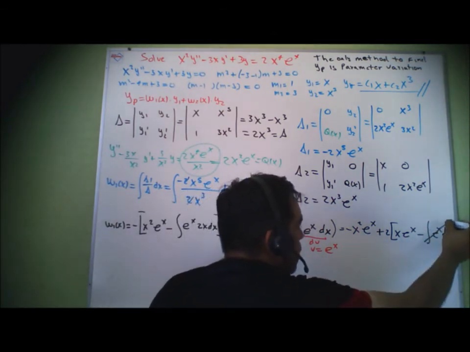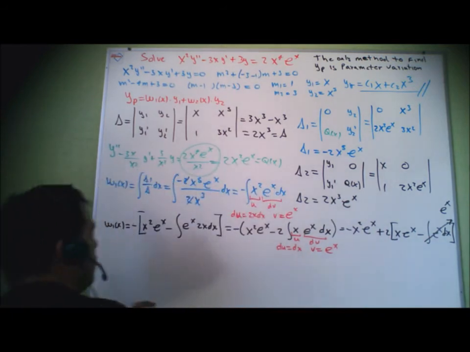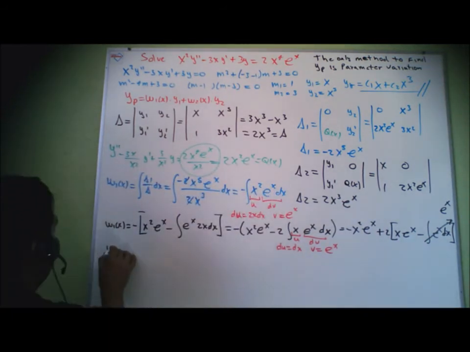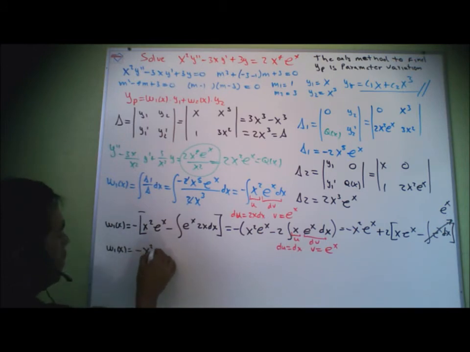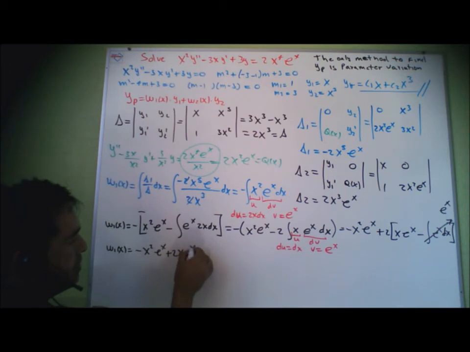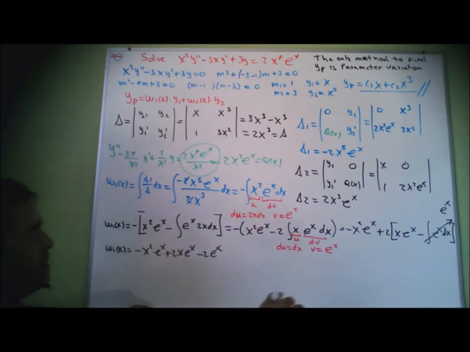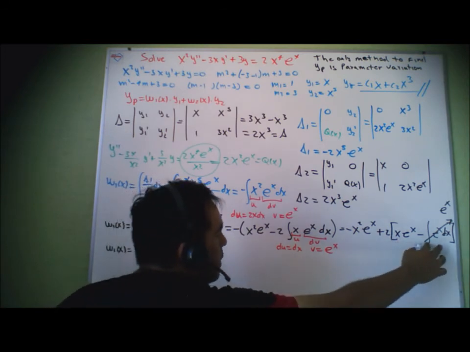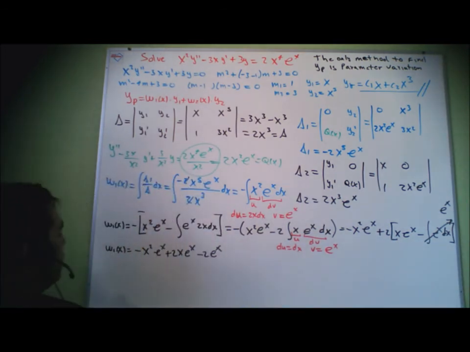Now this becomes exponential of x. Okay, so my w1 of x is going to be minus x squared exponential of x plus 2x exponential of x minus 2 exponential of x. Remember that this 2 multiplies this and this. Okay, we calculate w1 of x.